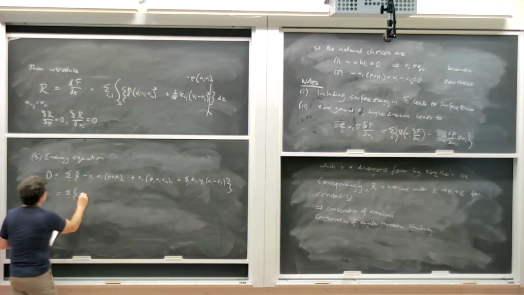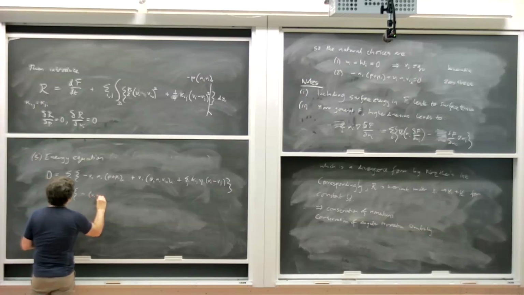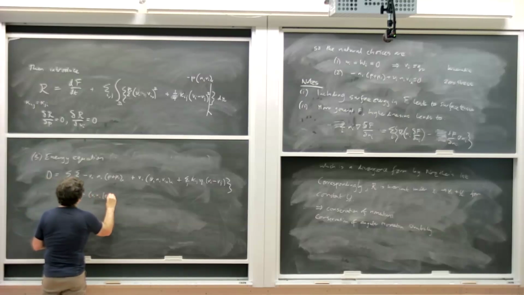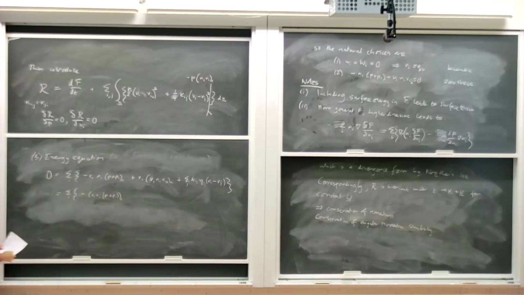What happens now? Minus Vi Ni, P plus mu i, times X. Okay, that's taking the Vi, Vi times Ni, inside the derivative. That's fine with the P term because the sum of the Vi Ni differentiated with respect to X, by overall conservation of mass, is 0.